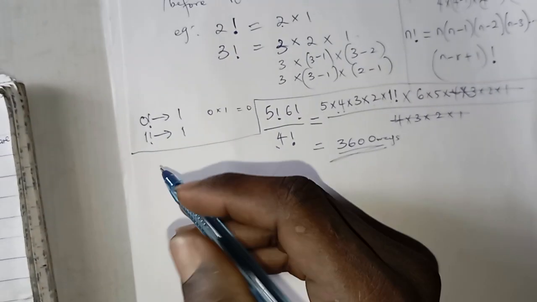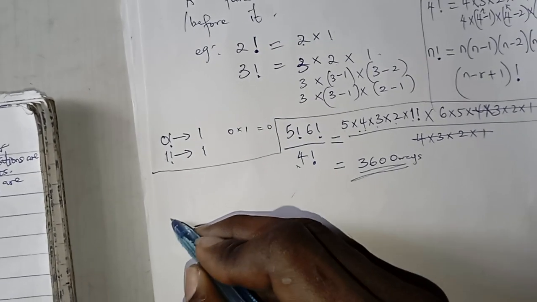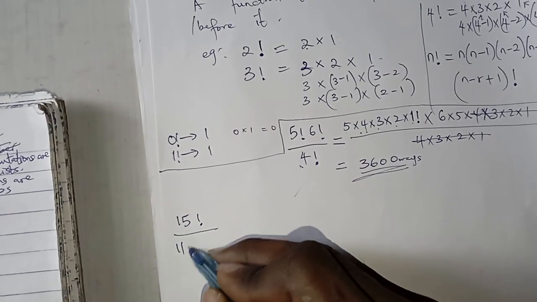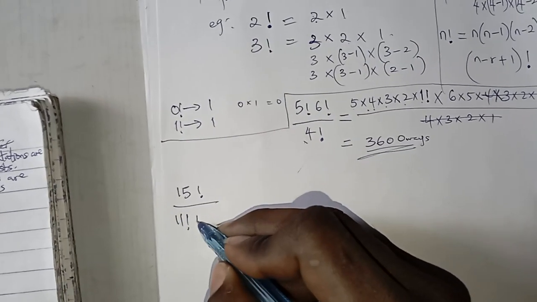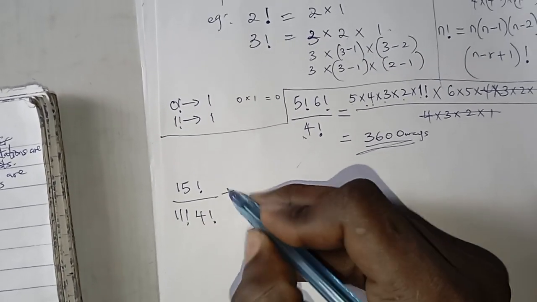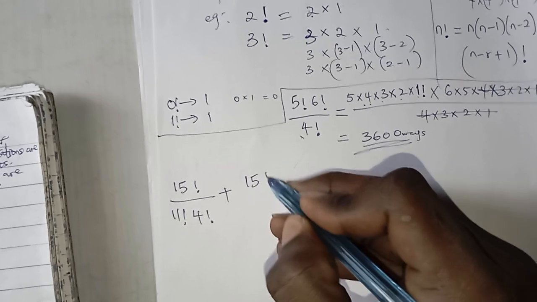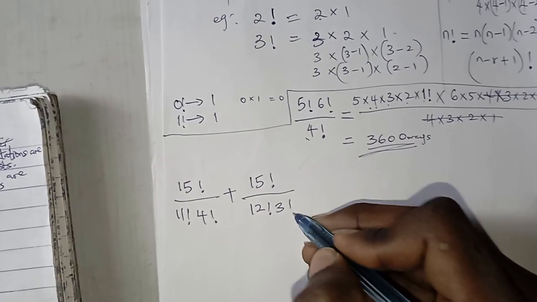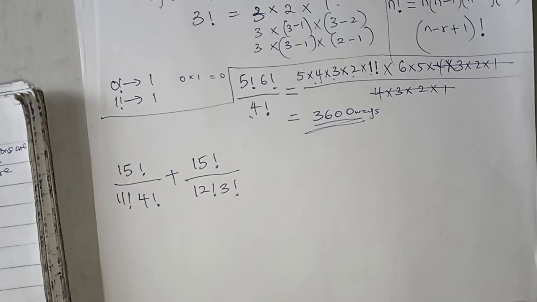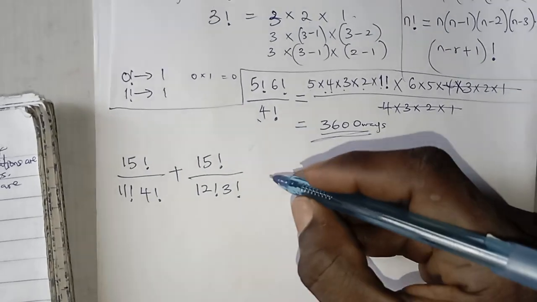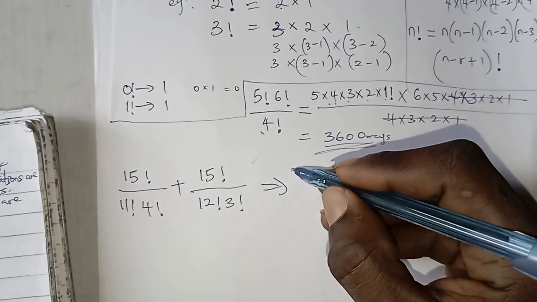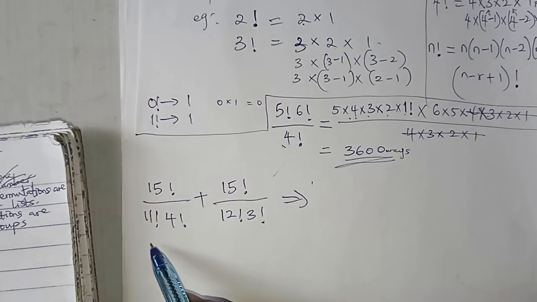So let's say I am asked to get, for example, 15 factorial over 11 factorial 4 factorial plus 15 factorial over 12 factorial 3 factorial. You know that this is the same thing as saying 15 times the LCM. What's the LCM here?